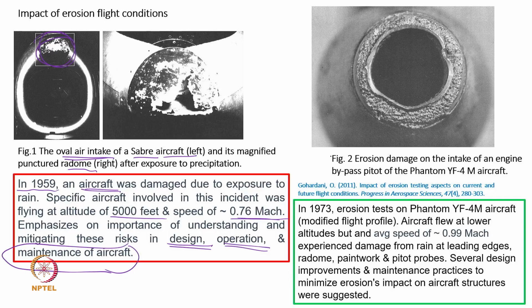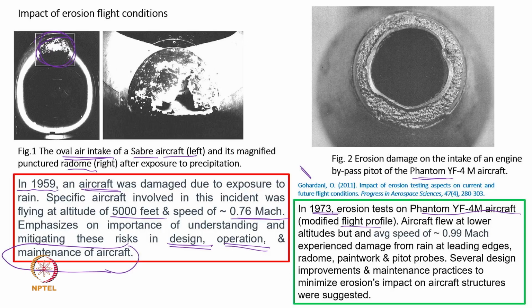Now, coming to this one, which has been taken also from 2011. In this case, they wanted to improve the aircraft design, and they thought about the Phantom aircraft design. They presented results in 1973, where erosion tests were done on the Phantom aircraft, and they wanted to modify the profile design of the aircraft, which has been shown over here.